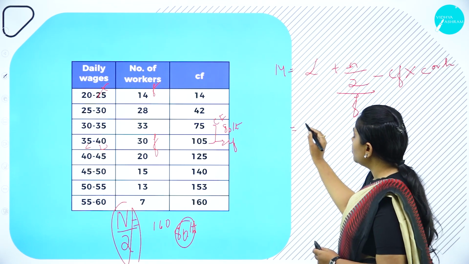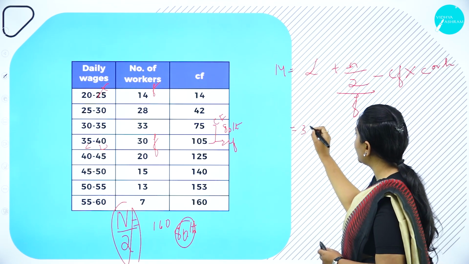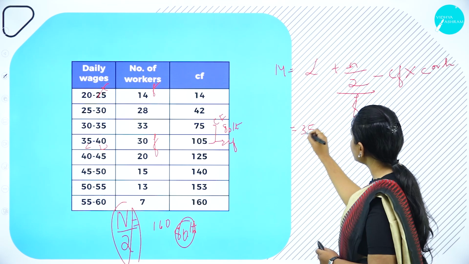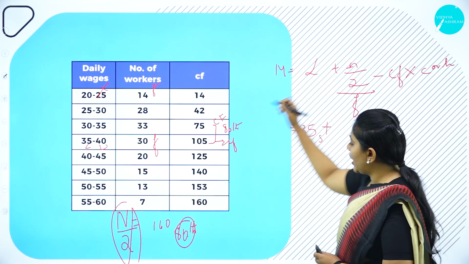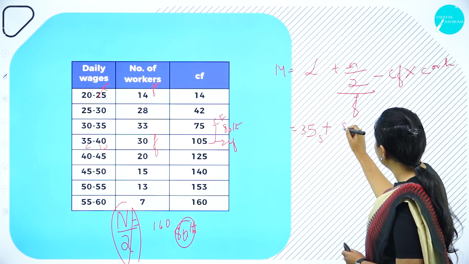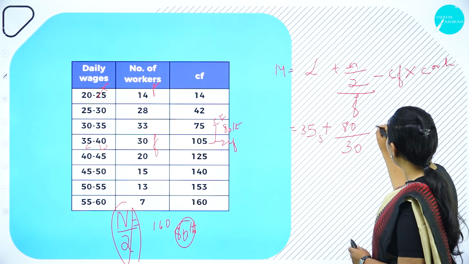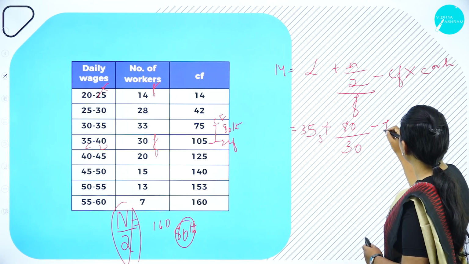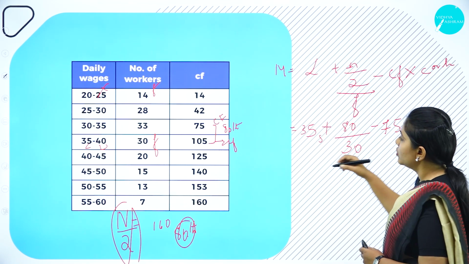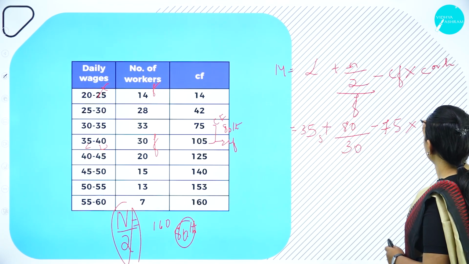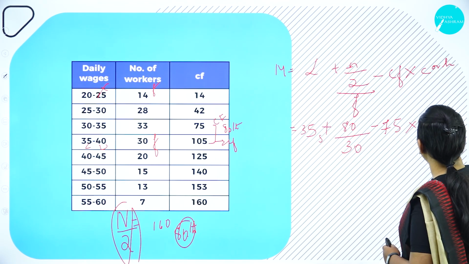So let's substitute. Lower limit 35 plus n divided by 2, 80, minus cumulative frequency 75, divided by frequency 30, into upper limit minus lower limit, 40 minus 35.